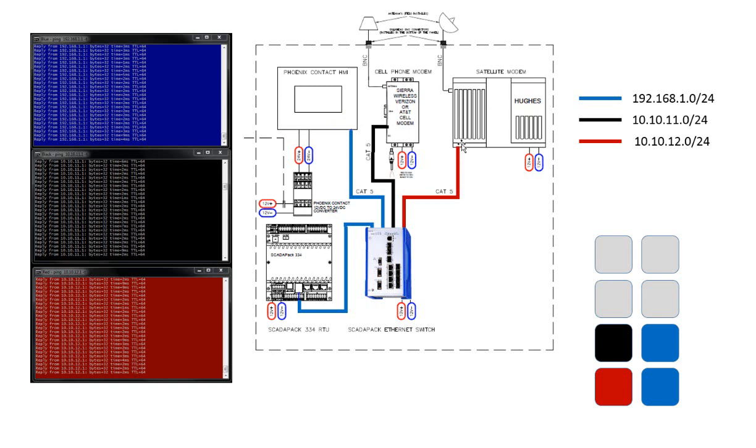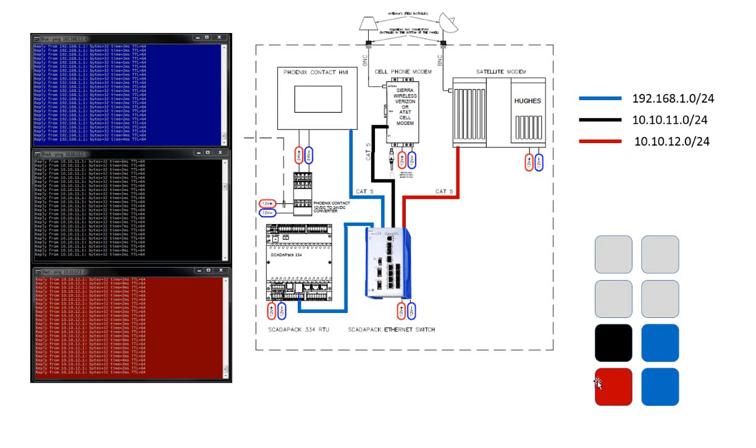The customer wants to have these individual subnets from the cell modem and the satellite modem connect to the local subnet. So I'm going to take this port here and configure it as the routed interface for the 10.10.11 network.